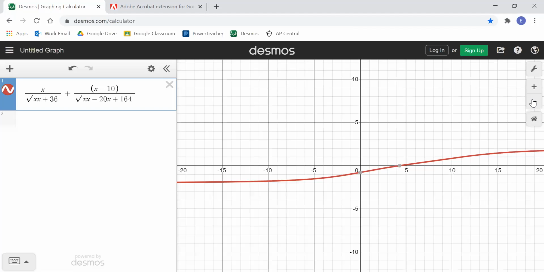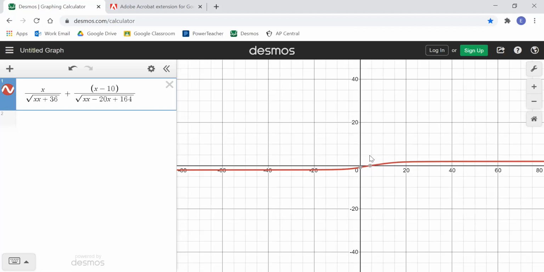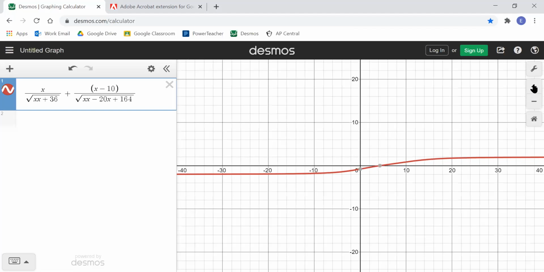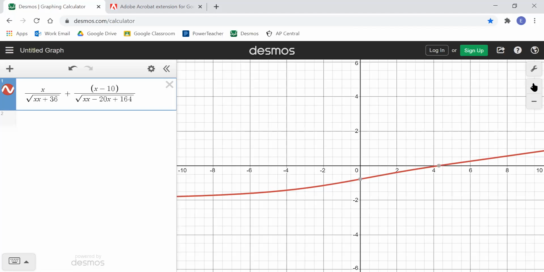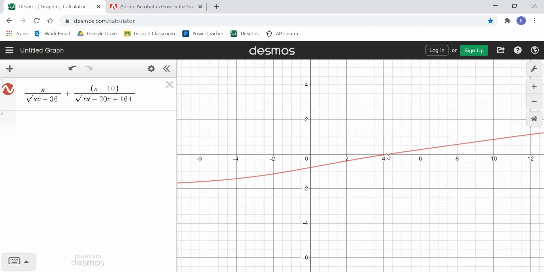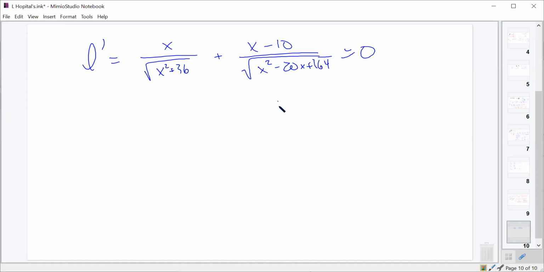Just looking at the graph of this, we could probably see that it's not ever undefined, at least definitely not anywhere between 0 and 10, which is what x would need to be. So the only place where we could have a minimum is at x equals 4.286. So we'll say this equals 0 if x is about 4.286.